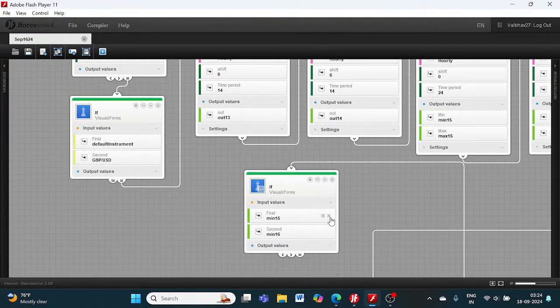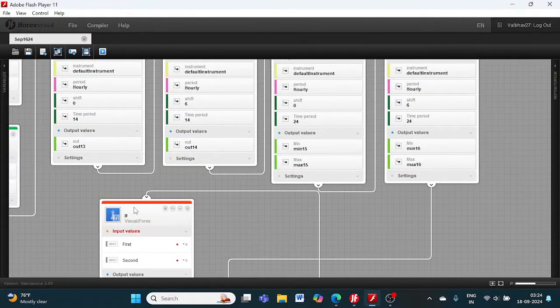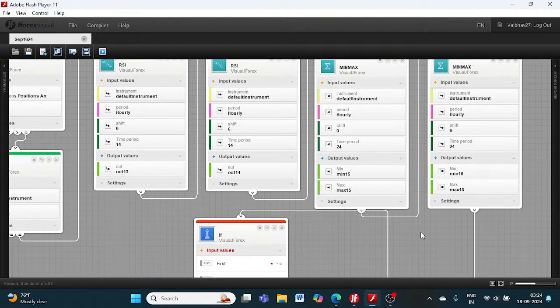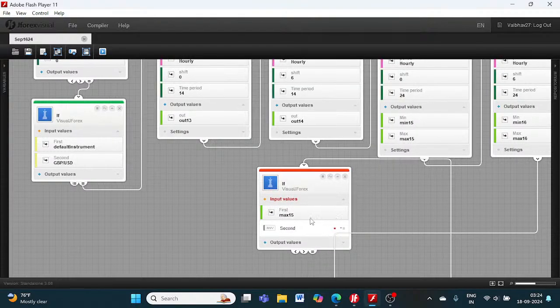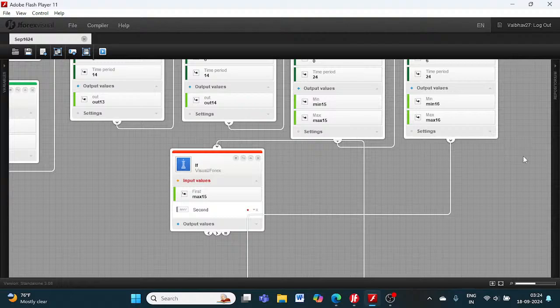We are going to need to do the comparison of maximum values, not minimum values. So I have to ensure that the current maximum, which is maximum 15, is above or, no, the current maximum needs to be below or equal to the maximum value 6 hours back, which is maximum 16.